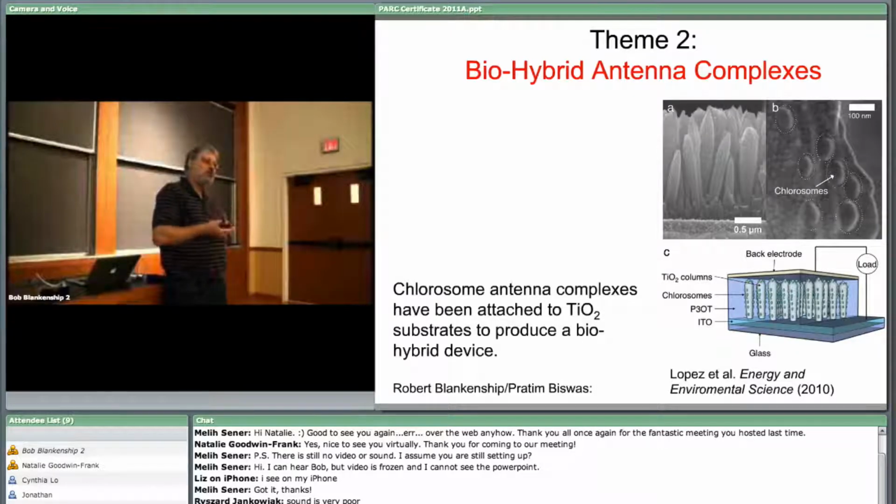Then we take those cells and we disrupt them, we break them open, treat them with basically detergents or other chemicals to release some of the complexes, sort of tease them apart. Then we use techniques like centrifugation or chromatography to separate out these complexes. And we have various ways of knowing exactly whether it's pure.